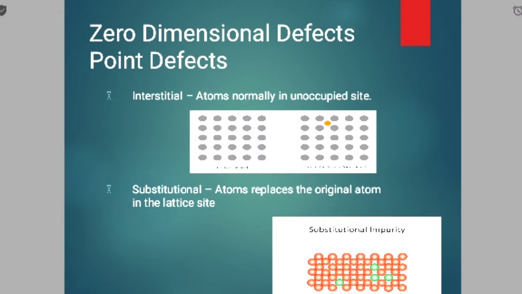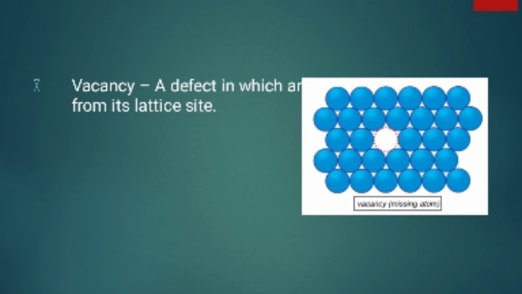Another atom replaces those sites. And this is vacancy. As the name clearly indicates, the atom is not there in the original site, so it creates a vacancy, which is also a defect.